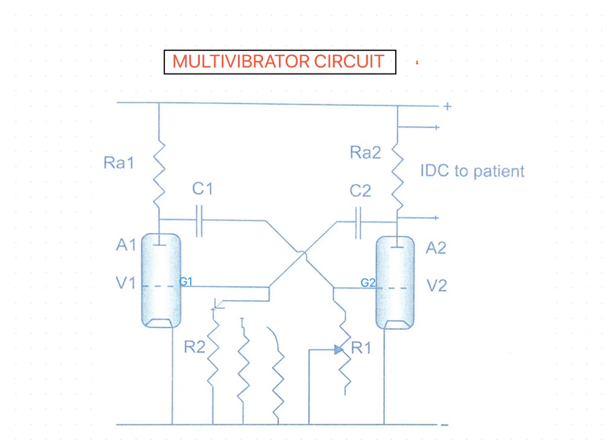Before starting the construction of the multi-vibrator circuit, I want to revise the action of the triode valve. If the triode valve is connected into a circuit so that the anode is positive in relation to the filament, and the filament is heated, current passes across the valve. The grid lies between the filament and the anode. If it has no charge, it has no effect on the current passing across the valve.